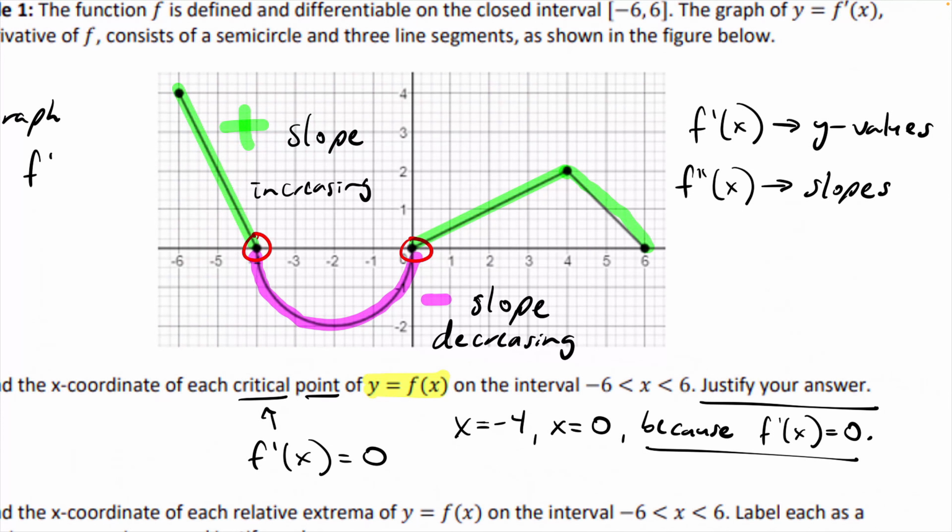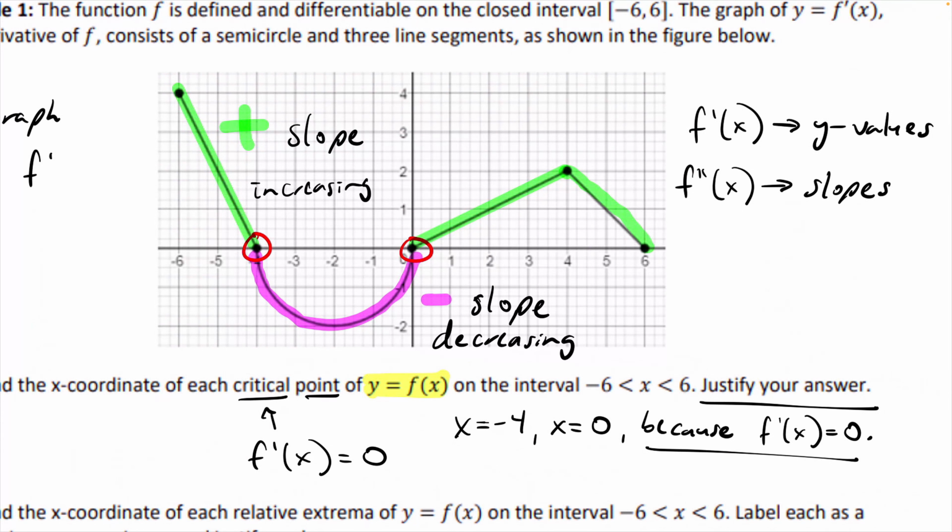Okay, so we want to figure out when this guy equals 0. So what am I looking for? When what is 0? Slopes? Slopes are 0. So look at this graph here. Where is the slope of the tangent line going to be 0?